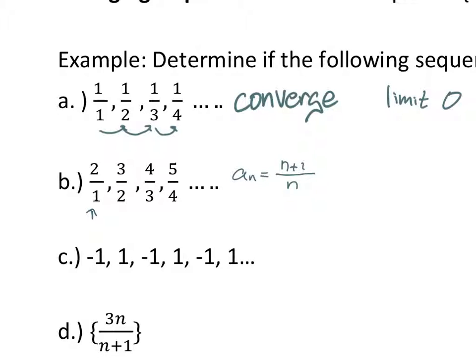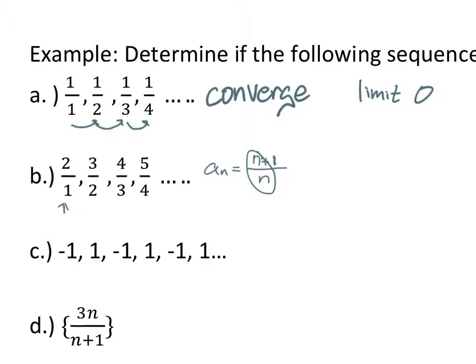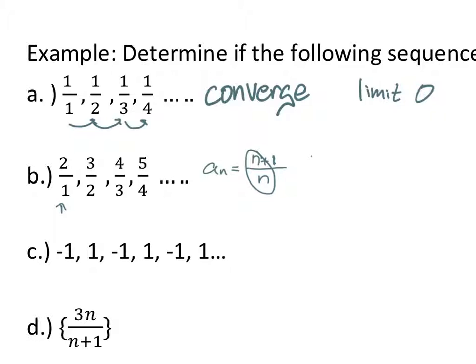And if you think back to when we first started talking about limits of functions, you just needed to see what the leading terms were doing as far as the exponents. So I'm just going to focus in on the n and what that would simplify to. Well, since that simplifies to 1, that means it does converge because its limit is a number. So it's converge. And the limit, well, n over n simplifies to 1.